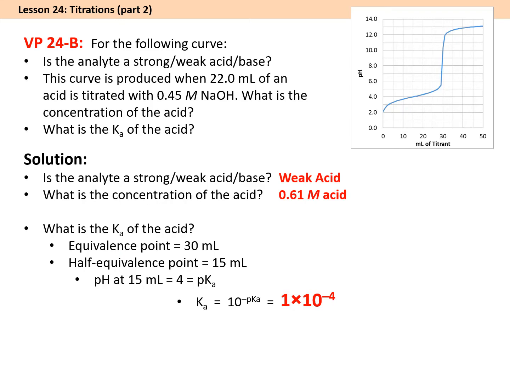I can also find, because this is a weak acid, its Ka based on the fact that at this midpoint, which is right here, my pH equals my pKa. And then I use that to find Ka.